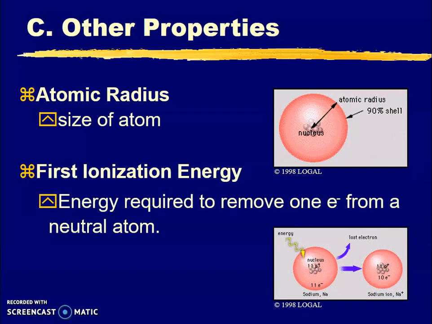So what does that mean? The ionization energy is the amount of energy required to take an electron away from an atom. The first ionization energy means that you're starting with a neutral atom and you're removing that very first electron. We also see a pattern with the melting and the boiling point. So what are those patterns?